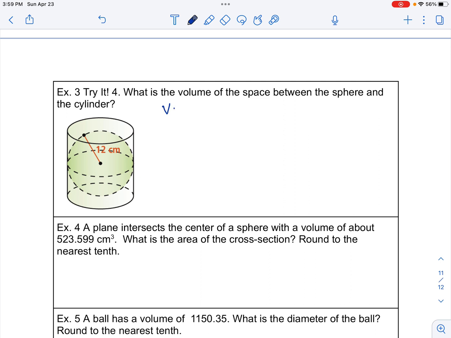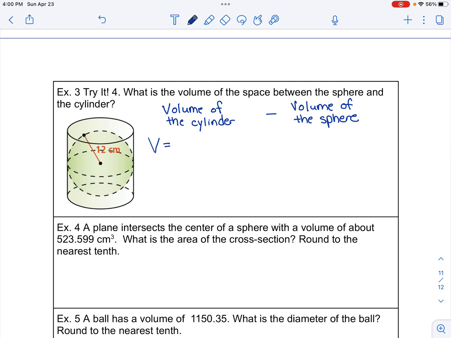So I'm going to take the volume of the cylinder, and I'm going to subtract the volume of the sphere. Again, I'm just writing these out in words, the directions of what I'm doing, so you have an idea what all these numbers mean when I go to start writing them down.